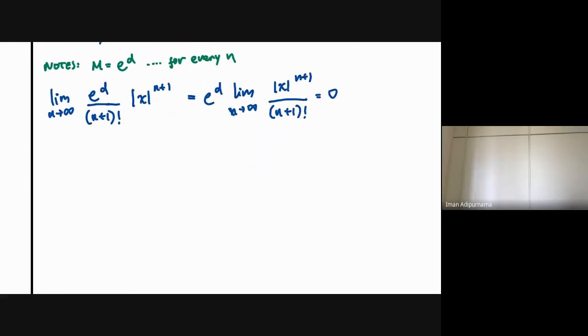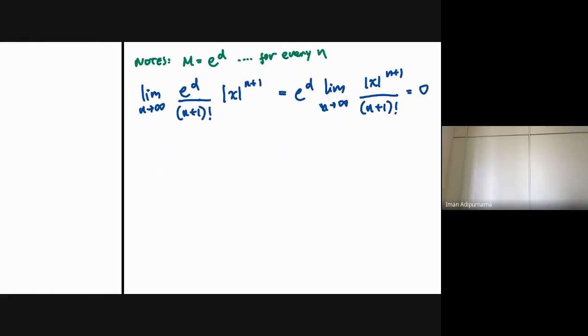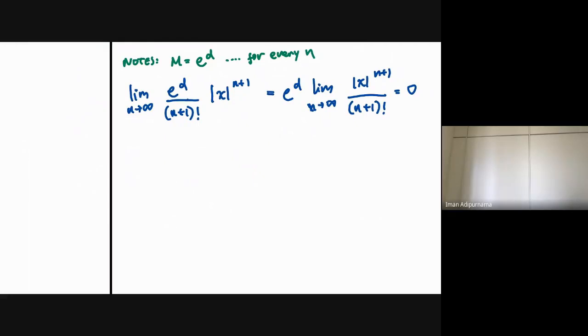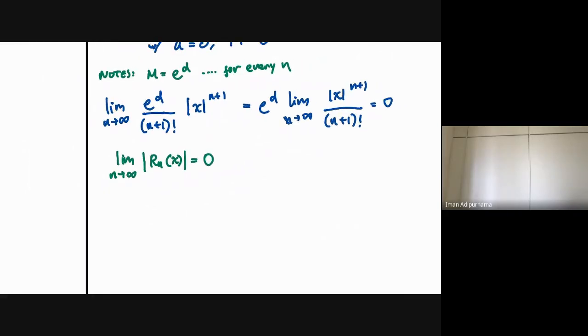It's equal to 0, and then the limit of n approaching infinity of Rn is equal to 0 by the squeeze theorem.